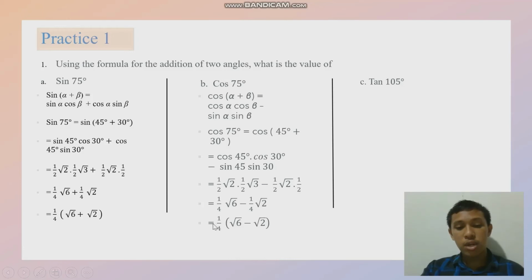So it equals 1/4 times the bracket of the square root of 6 minus the square root of 2.